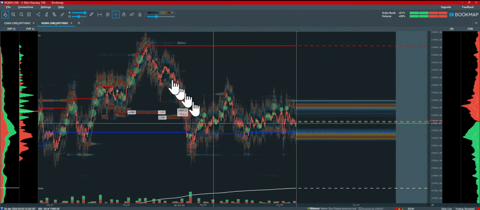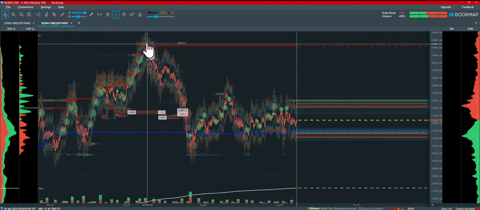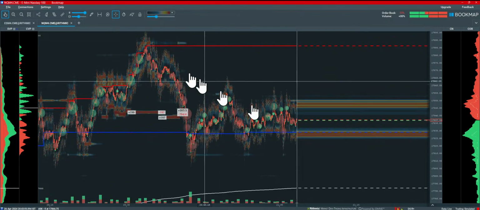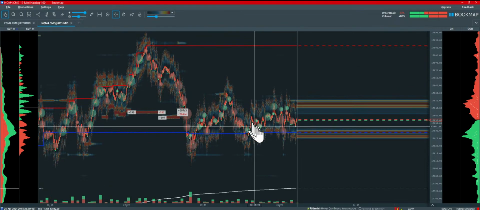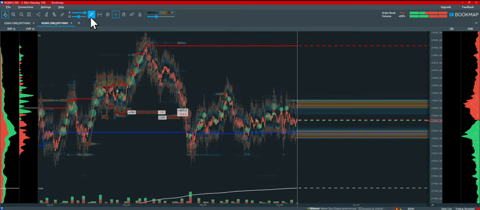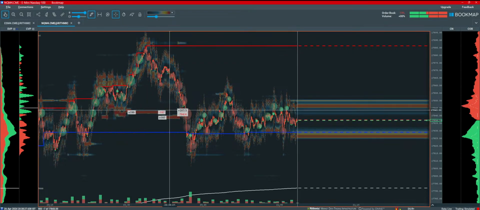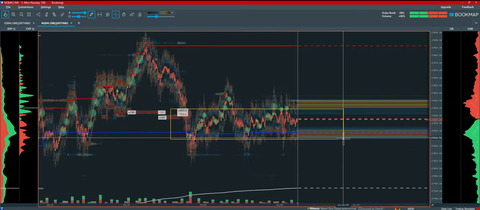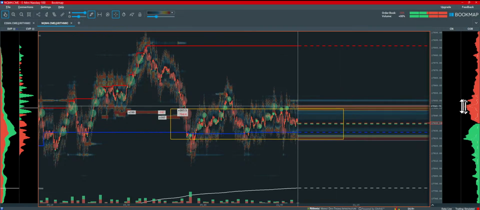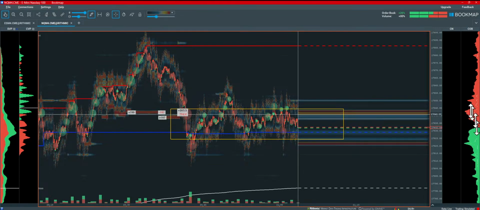And within this zone, when you see, like we just saw, the anchored VWAPs flattening out, you stop or you wait for the particular zone to break. So the zone that we drew is this one. You wait for this zone to break, and you can see liquidity on both sides over here.